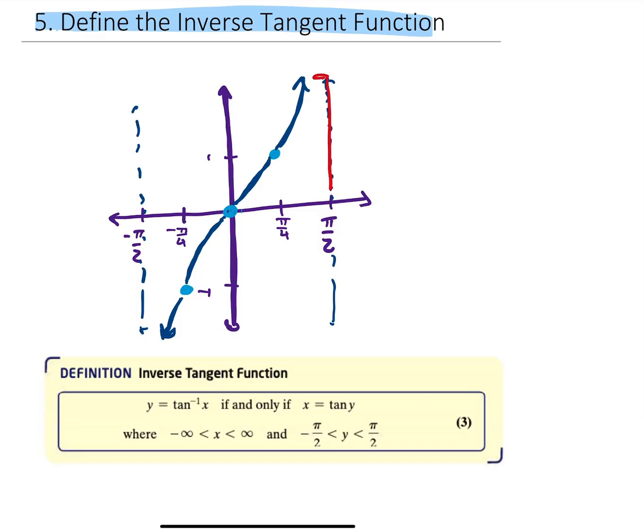So let's say our restricted domain of the tangent will be between negative pi over 2 and pi over 2. But this time we won't include the endpoints because the tangent is undefined there. Those are vertical asymptotes. So it's similar to the inverse sine. Remember that was also bounds between negative pi over 2 and pi over 2, but this time we won't include those two endpoints. So let's imagine the graph.